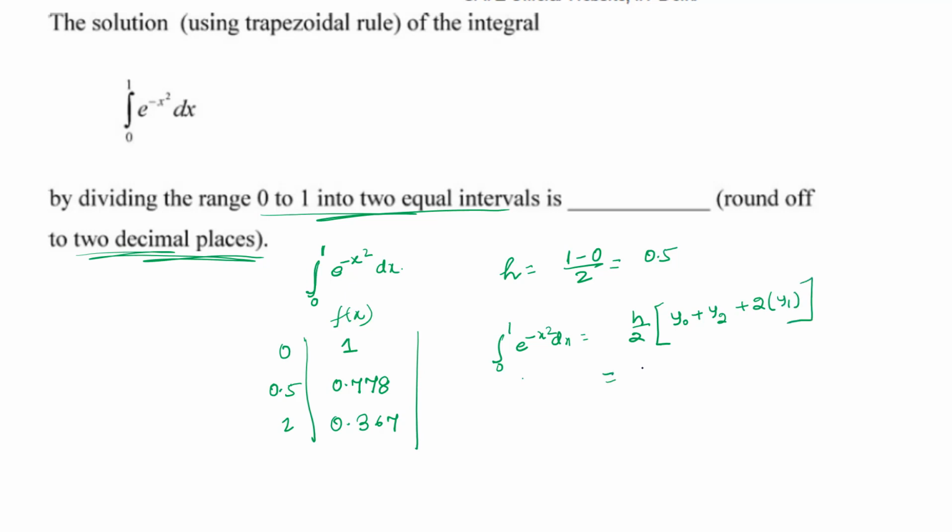It will be like this. So h here is 0.5 divided by 2, y0 is equal to 1, y2 is equal to 0.367, plus 2 into 0.778. So now try to find this.